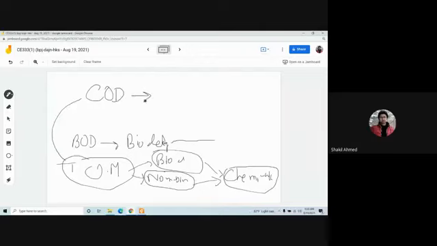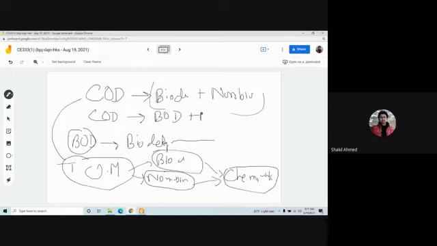So COD represents both biodegradable and non-biodegradable organic matter, but BOD only represents biodegradable organic matter. So you can also write COD equals BOD plus non-biodegradable organic matter. Clear?